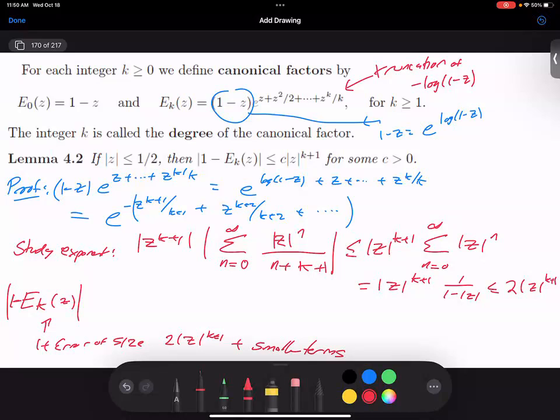And so if we take a product of the e_k's, that will hopefully converge, because these numbers should be getting closer and closer and closer. So if I take a product of e_1 of z, e_2 of z, e_3 of z, e_4 of z, this is only looking at z's near 0, so we need to maybe adjust things a little bit. And so the hope is that we can somehow use these functions to build up a function that has a prescribed set of zeros. So we'll talk more about that next time.